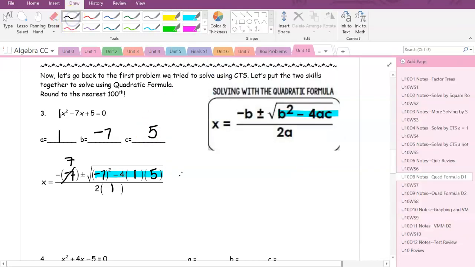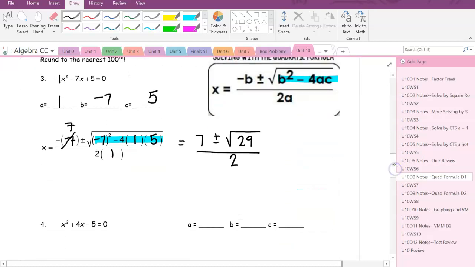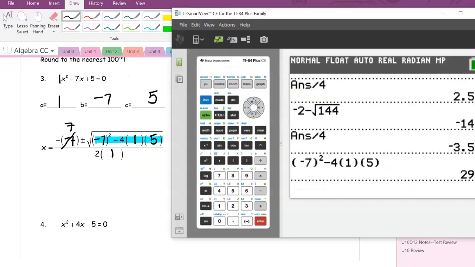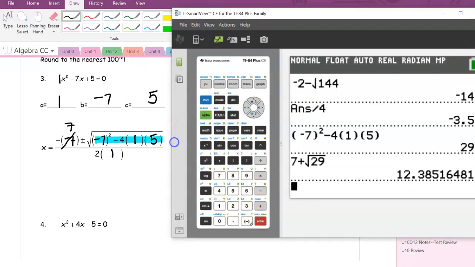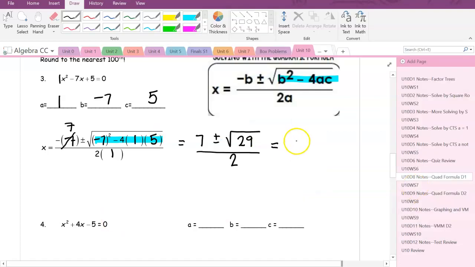So now I'm just going to rewrite this all simplified. 7 plus or minus square root of 29 all over 2 times 1, which is 2. All right, and finally, the last thing I have to do is type this into my calculator twice, just like I did up here. So 7 plus square root 29, enter. Don't forget to divide by the 2. So I have a 6.19 for my first answer.